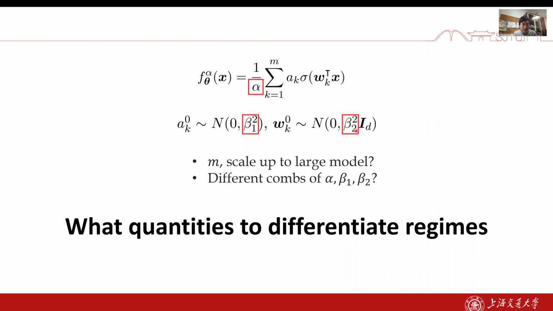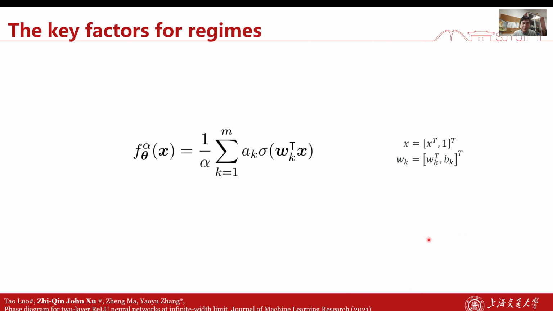And another question, as we have seen, these alpha, beta 1, and beta 2 could be very different. What is the effect of their combination? If we have two combinations of these hyperparameters, how can we determine if they are in the same dynamic regime or not? To answer these questions, we need to find the quantities that can differentiate the dynamical regimes.